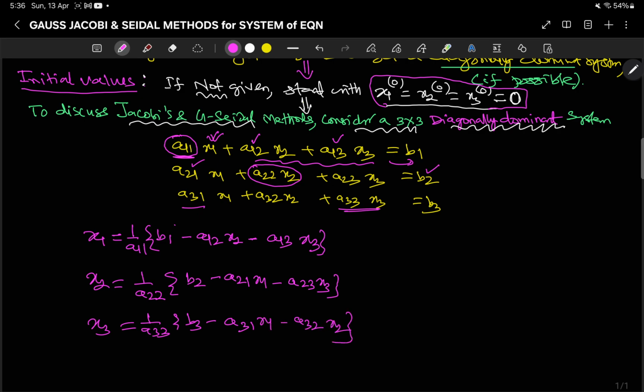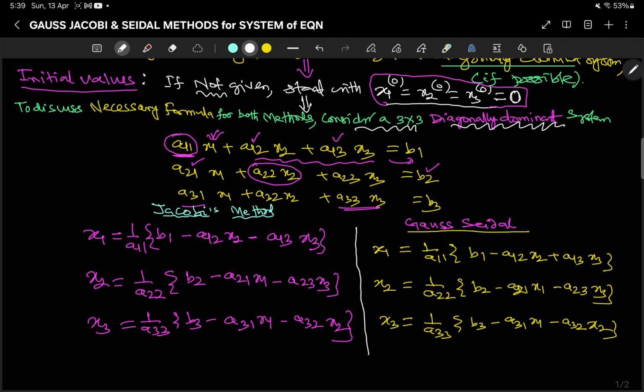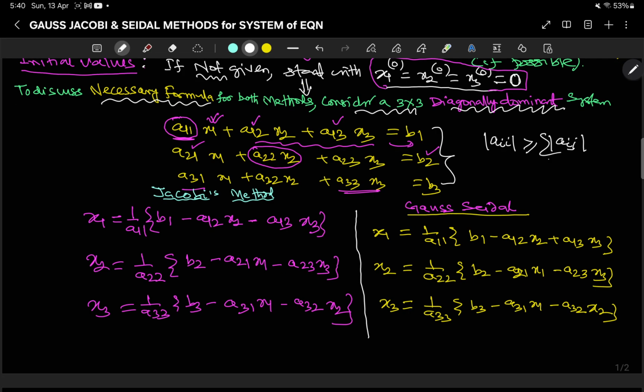So this is the necessary formula for both the methods. We consider a 3x3 system, and it should be diagonally dominant: the modulus of aii should be greater than or equal to the summation of the modulus of aij for each row, as we said.